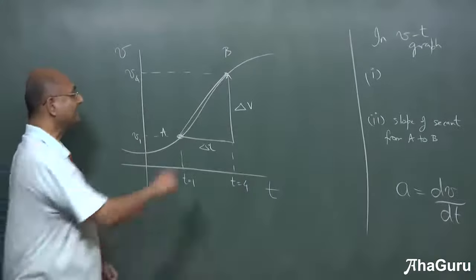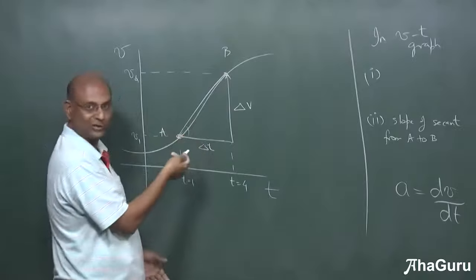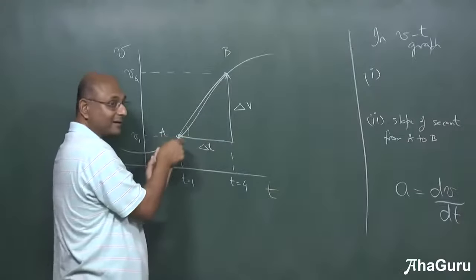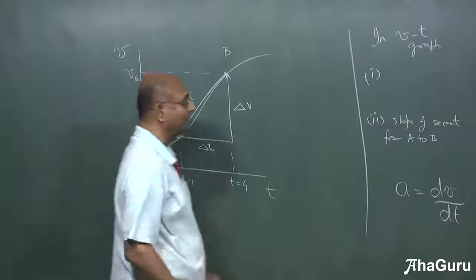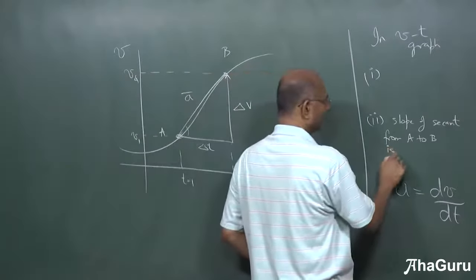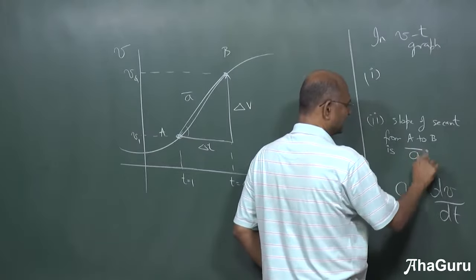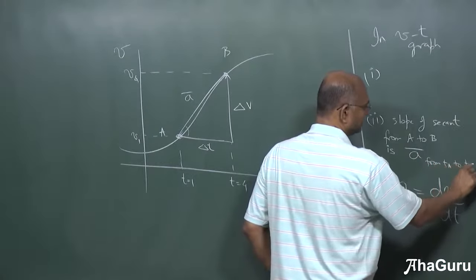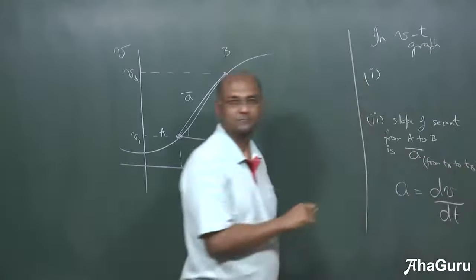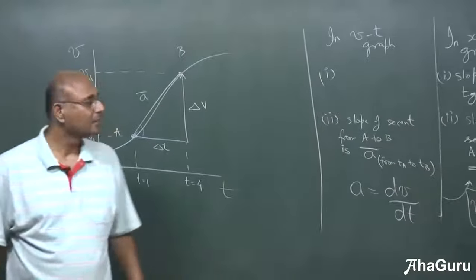Average acceleration, because this by this is tan theta, which is called slope, but it is the slope of this line. The slope of that line is average acceleration from TA to TB. I hope that is clear.